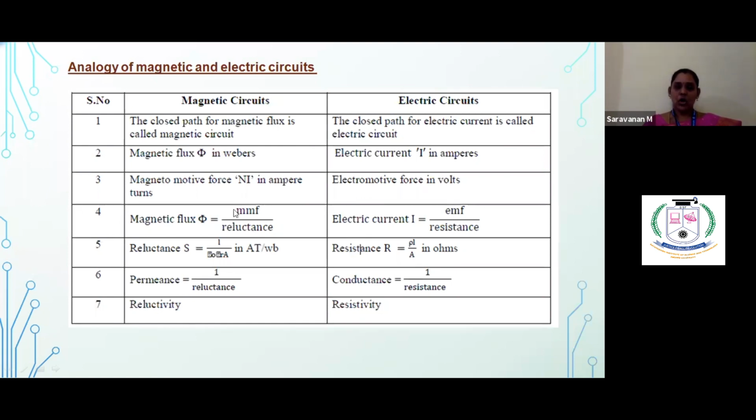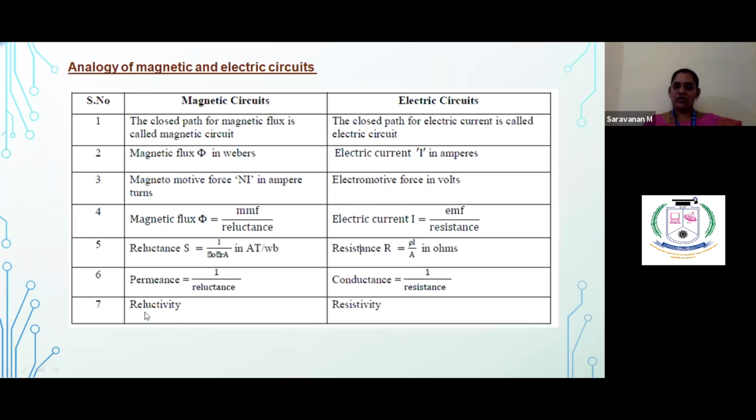So this is the Ohm's law of the magnetic circuit. That is also a very important 2-mark question: state the Ohm's law of the magnetic circuit, which is nothing but phi is equal to MMF divided by reluctance. Reluctance S is nothing but L divided by mu naught mu R into A, and here resistance R is equal to rho L by A. The opposite of reluctance is permeance, and the opposite of resistance is conductance.